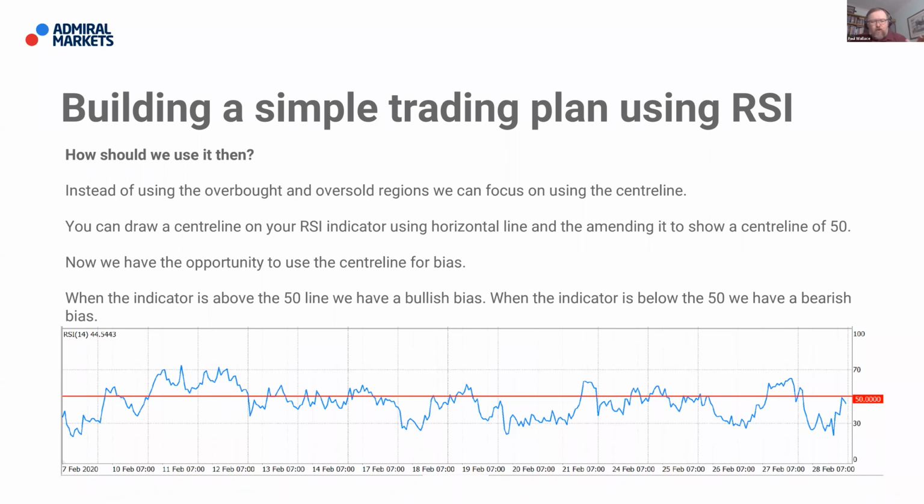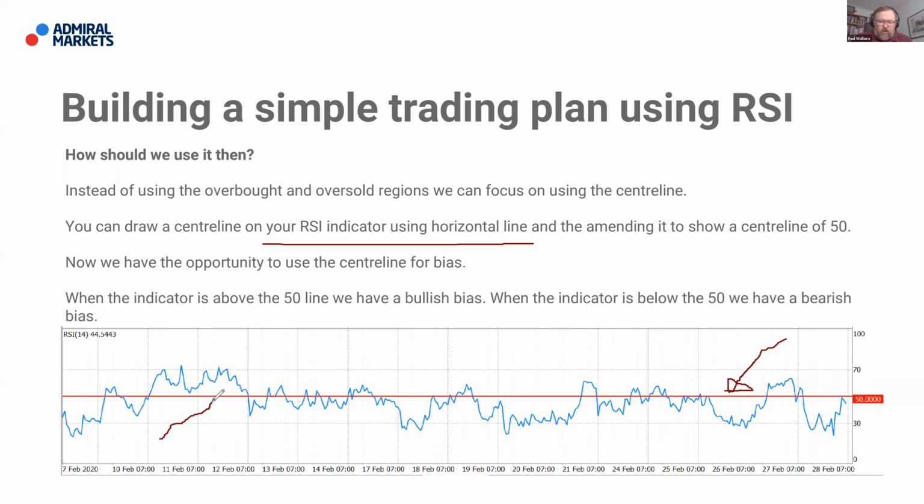So instead of using just the overbought and oversold regions arbitrarily, we're going to actually focus on using the center line. What you can see here is I've just taken a snapshot of an RSI from a chart, and I've drawn on a center line on our RSI indicator, just using a simple horizontal line, whether you're on MT4 or MT5.